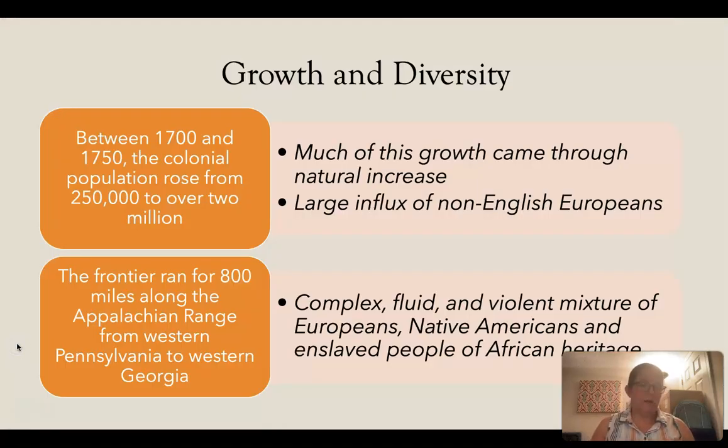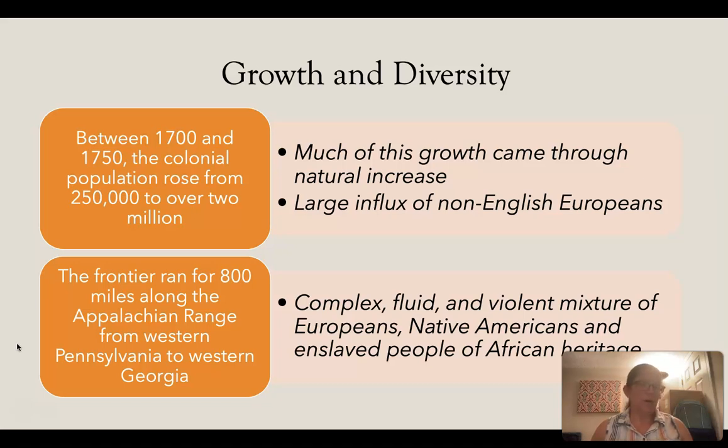So, all of the colonies, as we've seen, we've explored the setup of most of the colonial regions in North America that were settled by the British. All the colonies faced an early struggle to survive. Between about 1700 and 1750, the colonial population rose from around 250,000 to over 2 million.